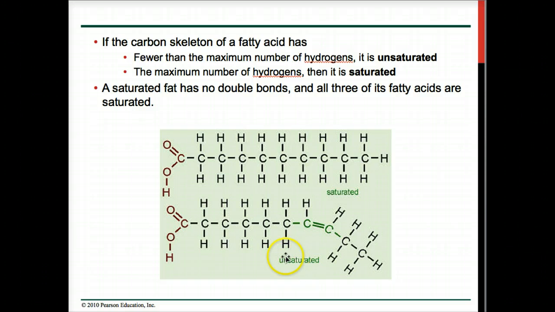An unsaturated means that, notice what happened here. You lost your hydrogen. The hydrogen's gone. That energy is now captured in the form of a double bond. So anywhere there's a double bond, this is an unsaturated because it's not saturated with hydrogens. This is a saturated. You'll notice when there's a double bond, what do you see? What happens to the shape of the molecule?